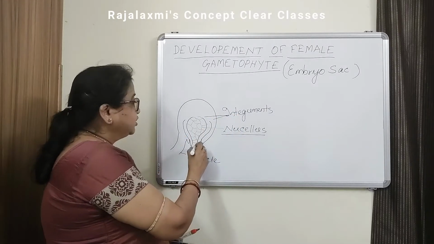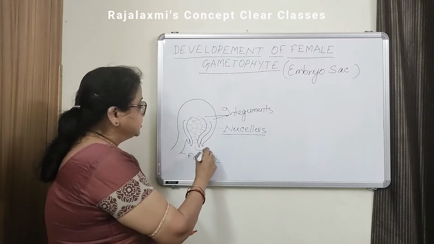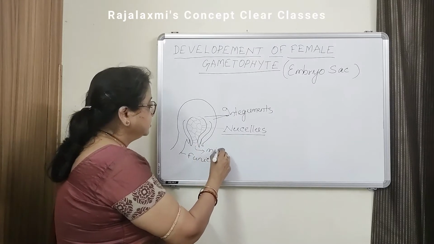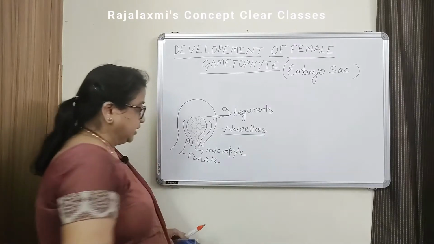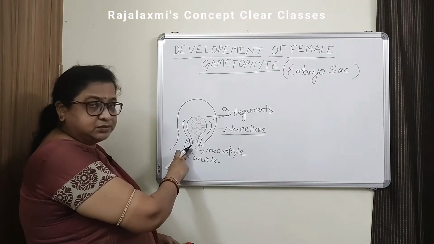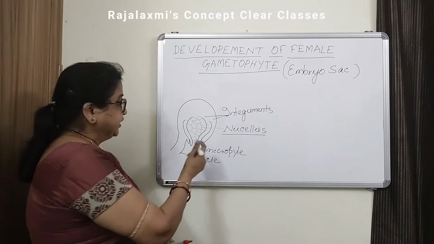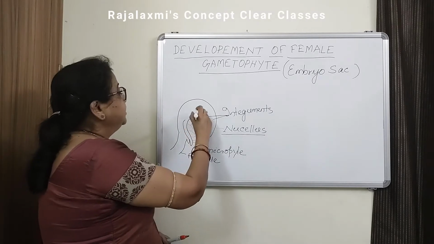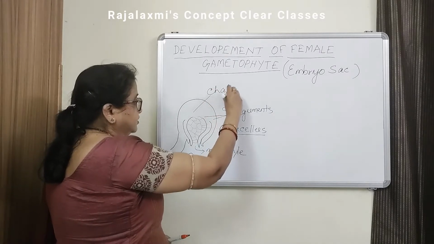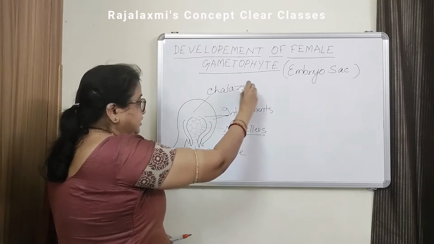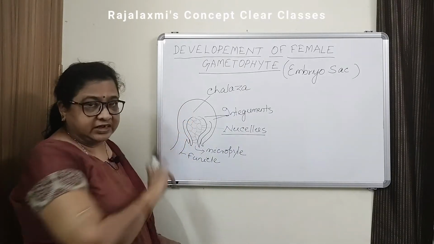The opening of this integument is known as micropyle, and this end is known as micropylar end, and opposite of the micropyle is known as chalaza, and this is known as chalazal end.